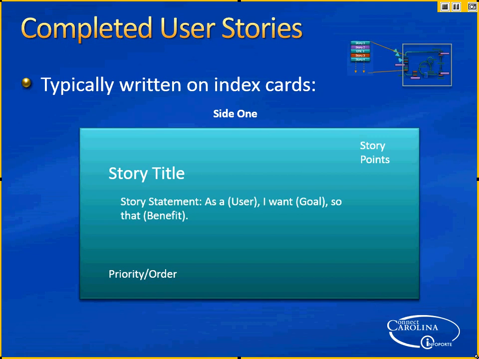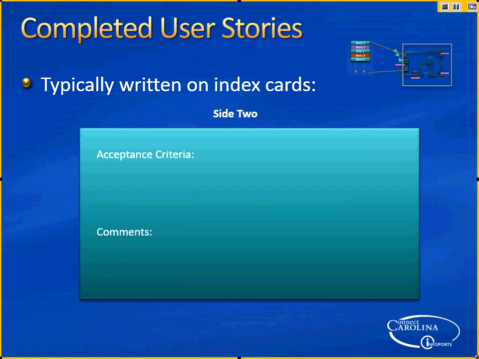Usually gets written in the lower left-hand corner. They typically are done on index cards of some size, right? And then the story points that are assigned usually get written on the upper right-hand corner. So as you're going through, you can determine how big it is.